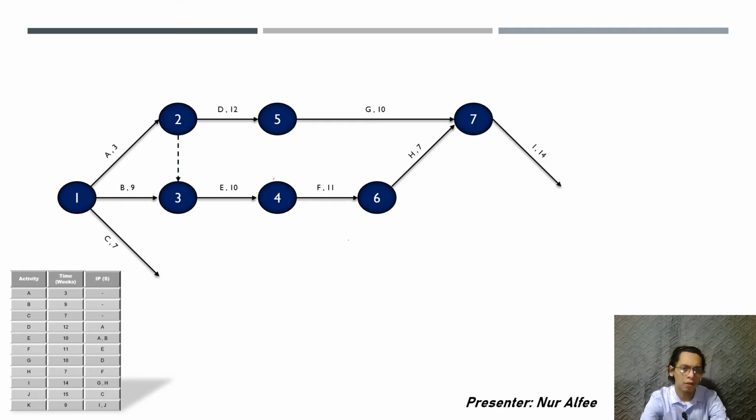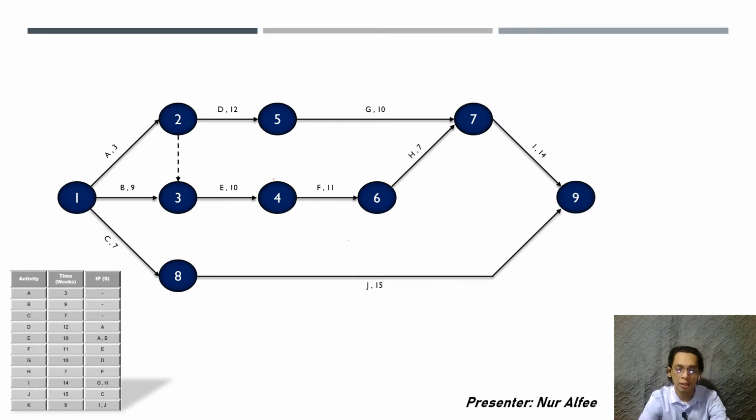Next, for activity J, the predecessor is C, so we're going back down there with the eighth event with activity J for 15 weeks. As we can see on the table, the last one is activity K, which came from activity I and J, so that's the reason why the arrows meet again for the ninth event with activity K for 9 weeks.